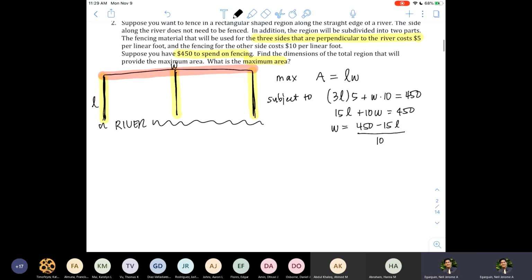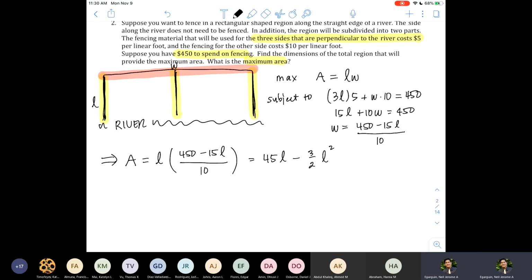Okay. Now, we can write the objective function as A equals length times width, but we know that the width is equal to 450 minus 15L over 10. Okay, so this would be 45L minus 3 over 2 L squared.